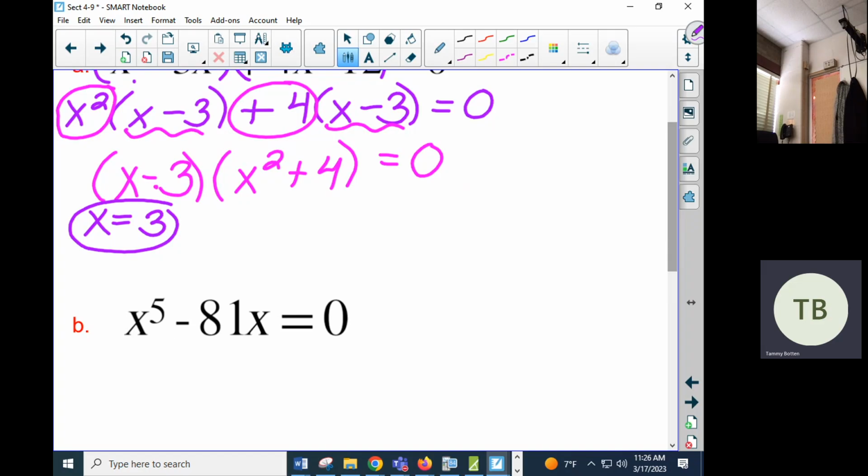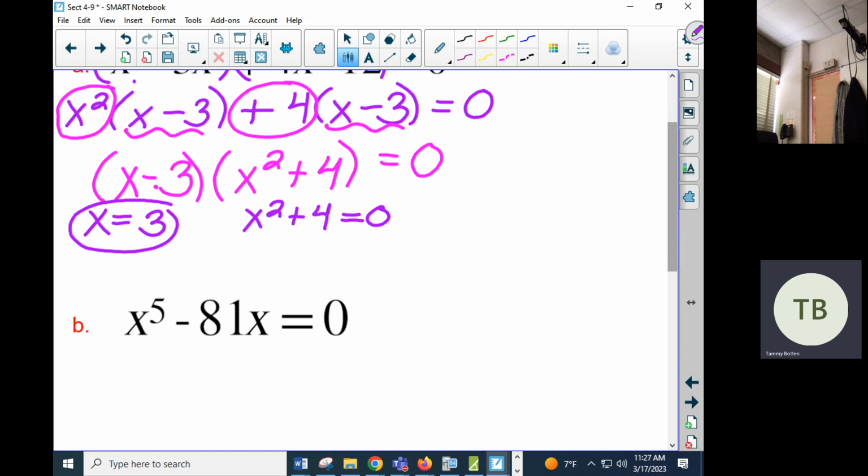Can I do that if this is plus? For difference of squares, this has to be minus. When it's not, what you have to do is take that x squared plus 4 and set it equal to 0 and solve it.